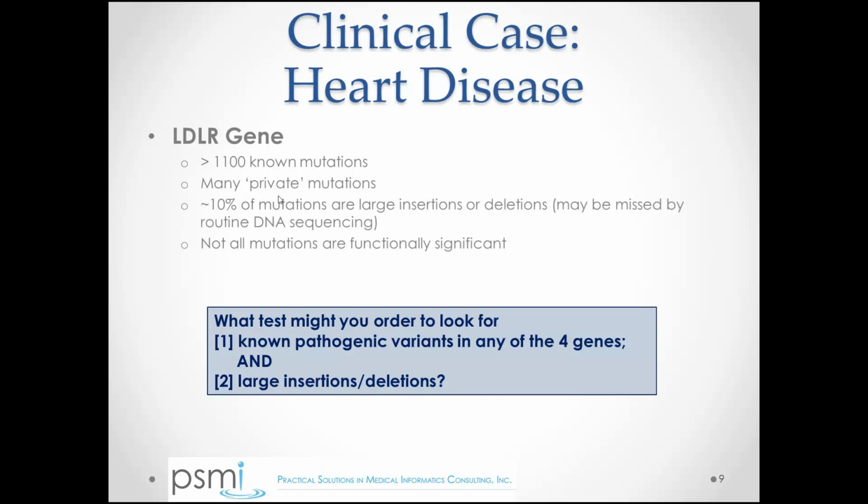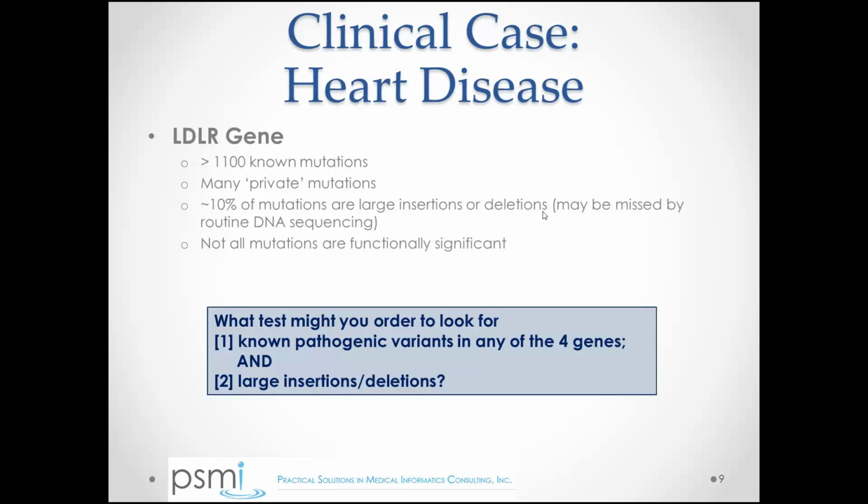The other thing that's important to know about the LDLR gene is that about 10% of the mutations are large insertions or deletions. We talked about this a little bit last week. We'll be discussing it more this week, but next generation sequencing may miss large insertions or deletions.